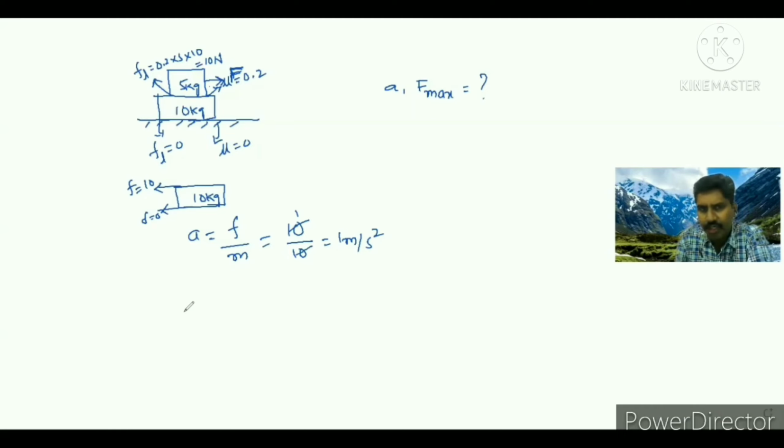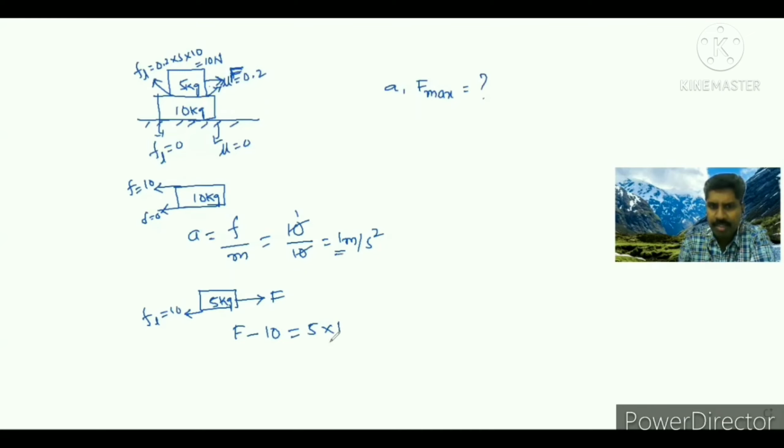Now we need to substitute this acceleration for the other block, the 5 kg block. Here the force is applied in this direction, and at the bottom the limiting friction of 10 acts in the opposite direction. So F minus limiting friction is equal to m a, with m 5 kg and a 1 meter per second square.